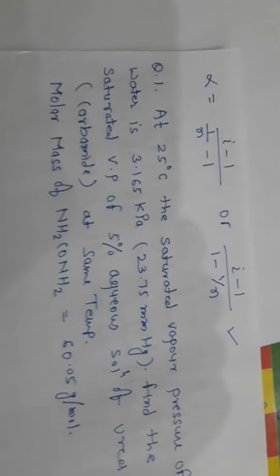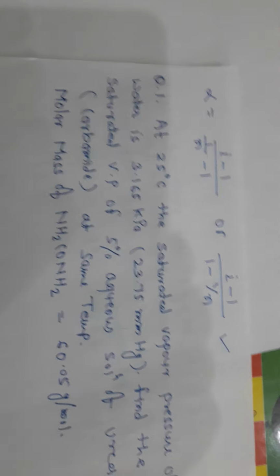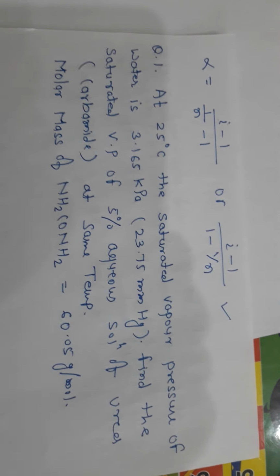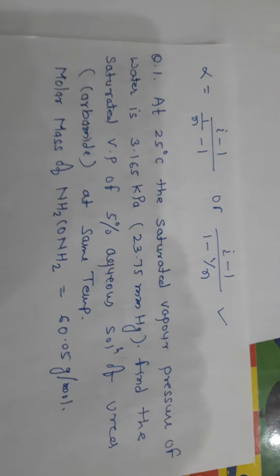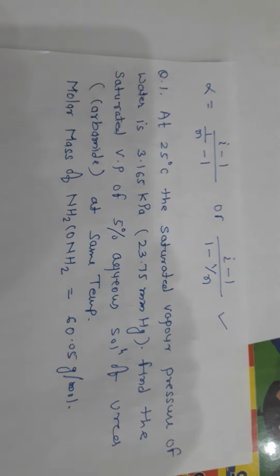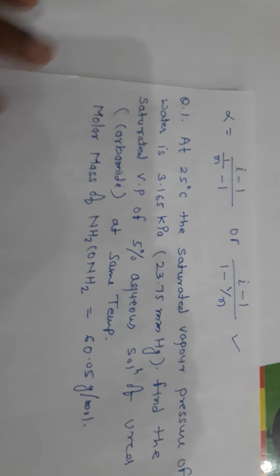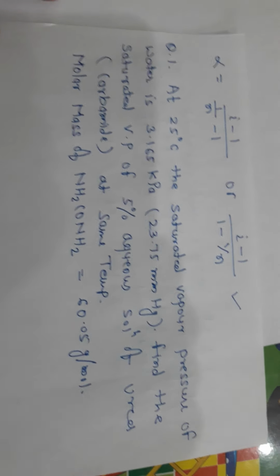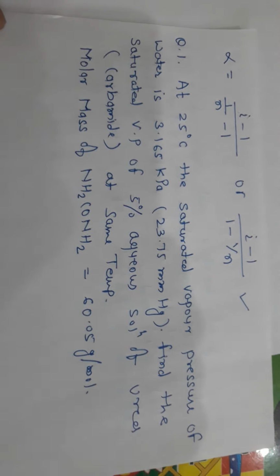Okay, our first question. At 25 degrees Celsius, the saturated vapor pressure of water is 3.165 kilopascal and 23.75 mmHg. So the pressure is given in both kilopascal and mmHg; we will use kilopascal. Find the saturated vapor pressure of a 5% aqueous solution of urea.